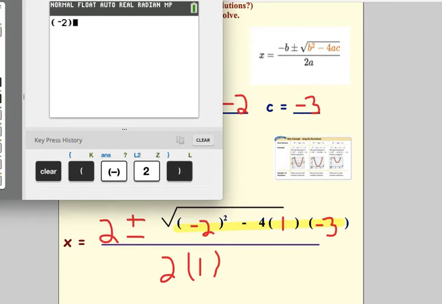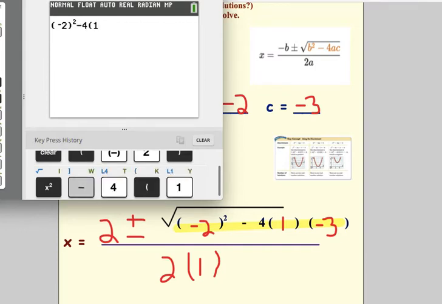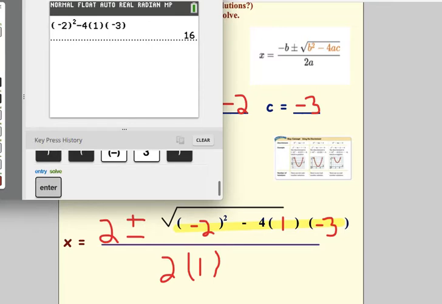I will then square it. And then minus 4. Always going to have a 4 in there. Times 1, and I don't necessarily type it in there, but I will. And also a negative 3. And when I hit enter, I get an answer of 16.